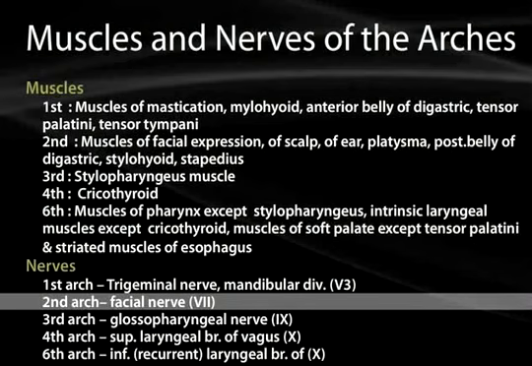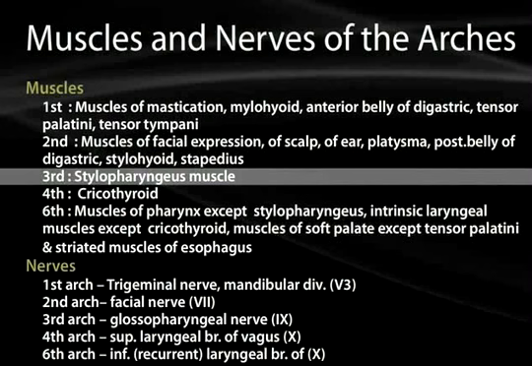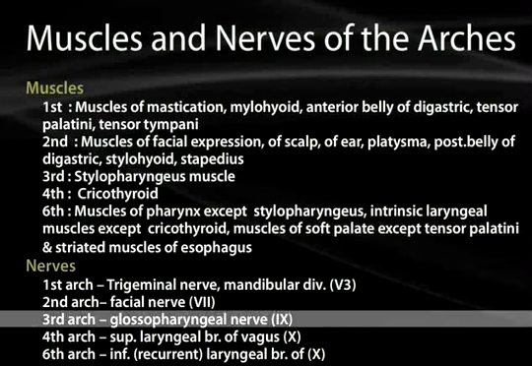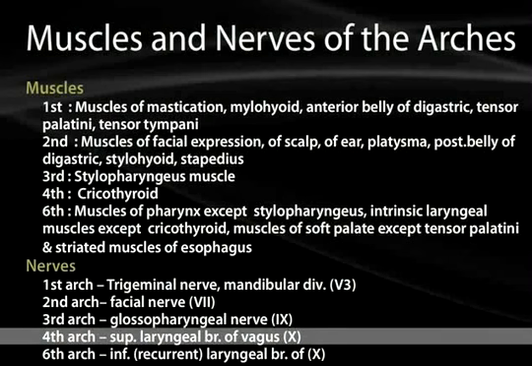The second arch associates with the muscles of facial expression and therefore is associated with cranial nerve 7 as the facial arch. Third arch is going to be associated with the stylopharyngeus muscle, which is innervated by the glossopharyngeal nerve, and it's also called the ninth arch.